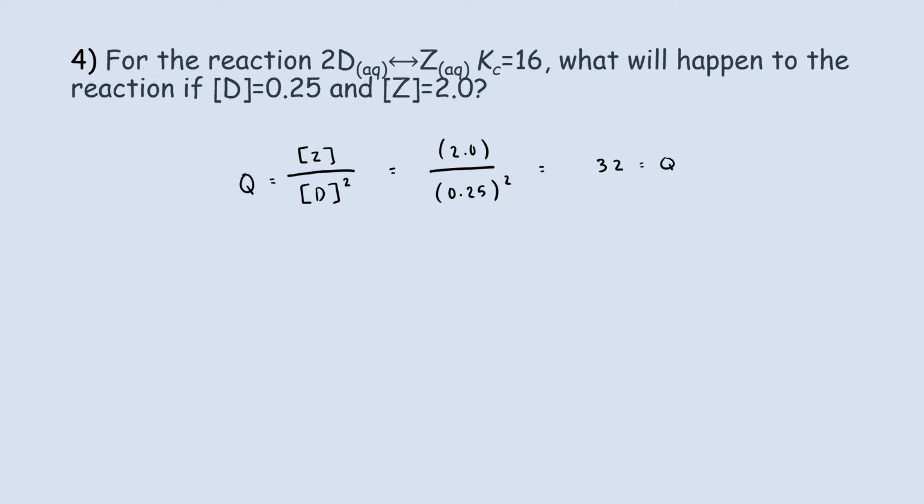Now, if we know that K is equal to 16, we can see that K is less than Q. Now I'm going to show you a little trick that never fails, but in order for this to work, you have to draw the K first, and you'll see what I mean in a second. So if K is less than Q, the reaction is going to shift to the left and make reactants.